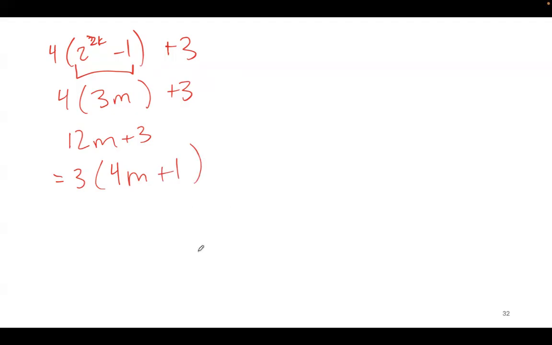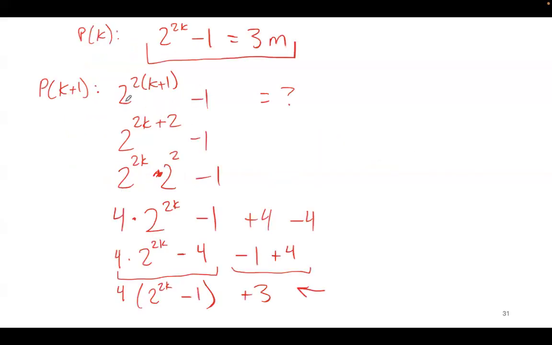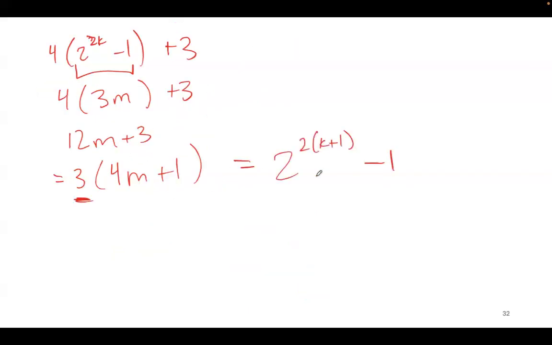Is this thing divisible by 3? Yeah, there's a 3 right there. We did it. Hooray. So we've gotten to a place where 2 to the 2k +1 -1, going all the way back to our initial question mark over here, equals that.